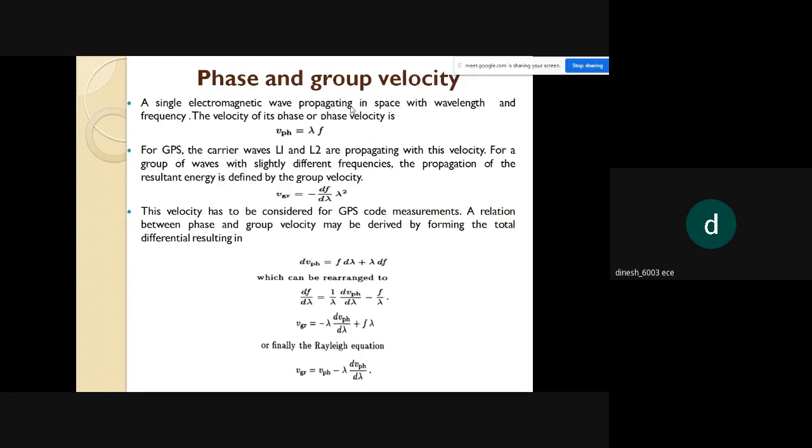VPH represents the velocity of the GPS signal, lambda is the wavelength and f is the frequency. So we get the phase velocity as VPH = lambda × f.